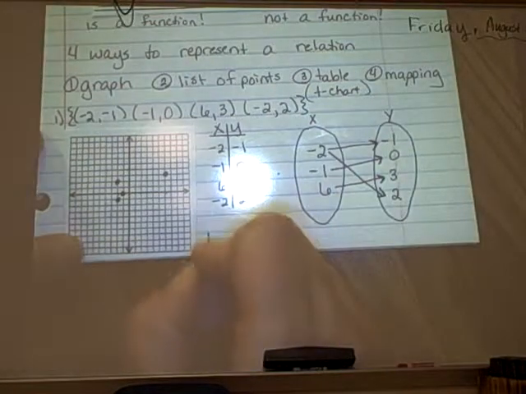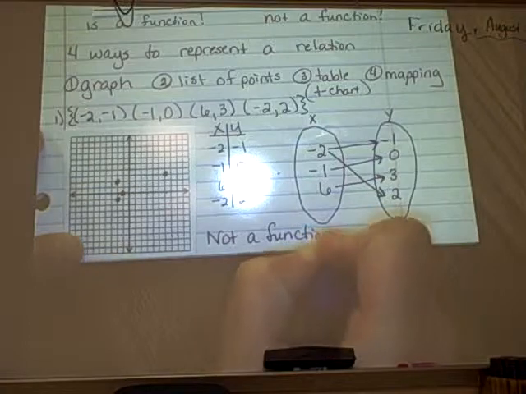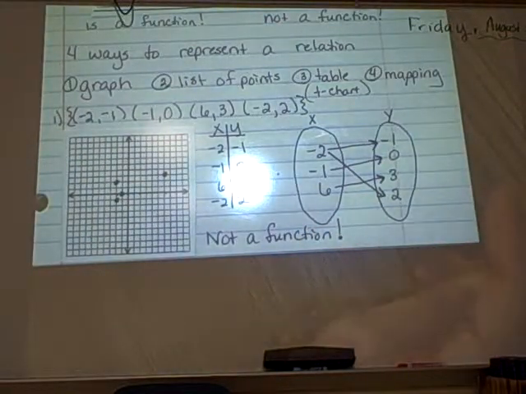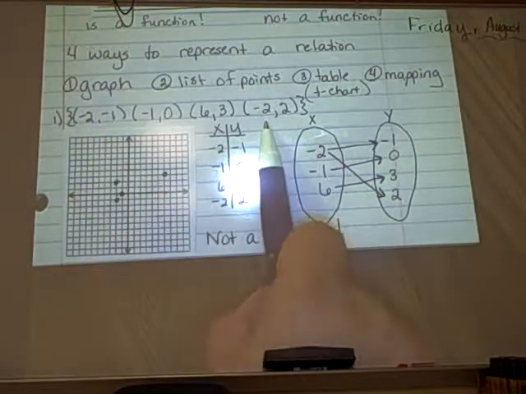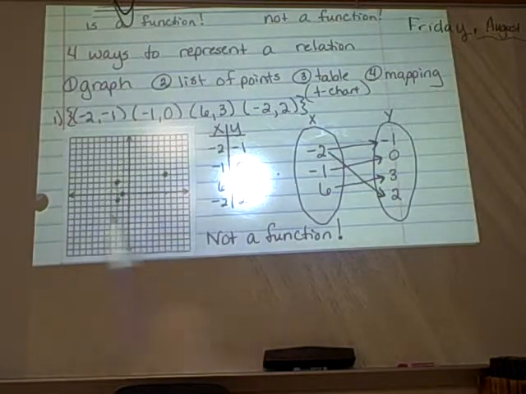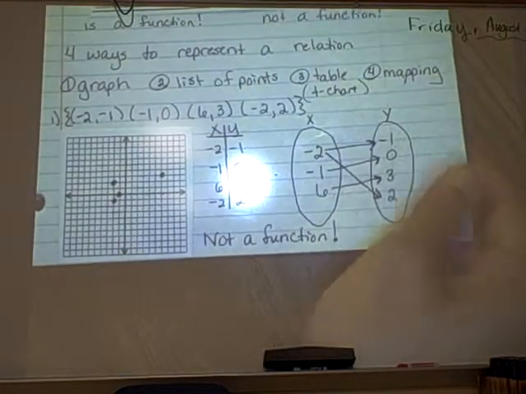So this one's not a function. Everybody understand how we figured that out? 2 of the x numbers, the -2 is listed twice. Or if you look at the graph and I draw a straight vertical line right there, I might hit 2 points. Depending on where I draw my line, there's one that's going to hit 2 points.